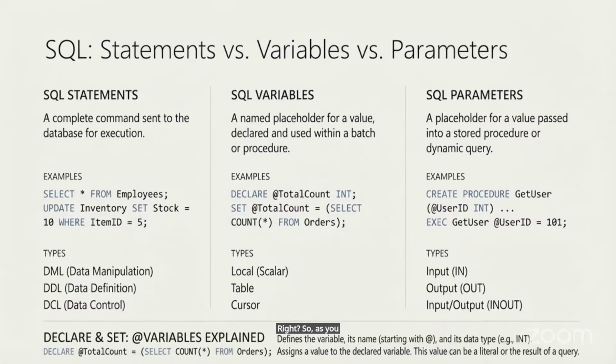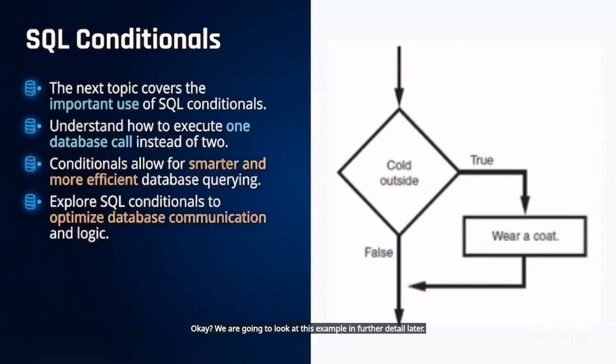So as you can see in the parameter, it's expecting an integer input, with @user ID as the name of the variable, okay? Now, there are multiple types of parameters you could declare: in, out, or in and out, okay? We are going to look at this example in further detail later.